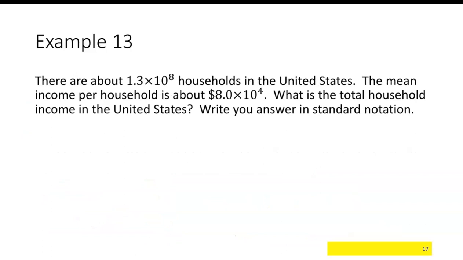Oh, and one last one. There are about 1.3 times 10 to the 8th households in the United States. The mean income per household is about 8.0 times 10 to the 4th. What is the total household income in the United States?